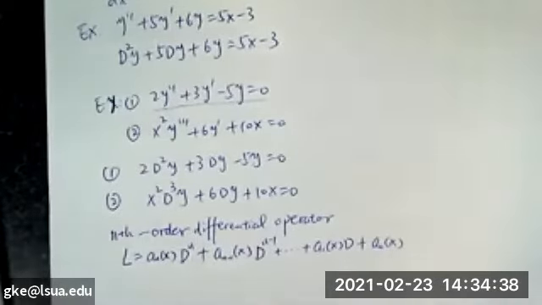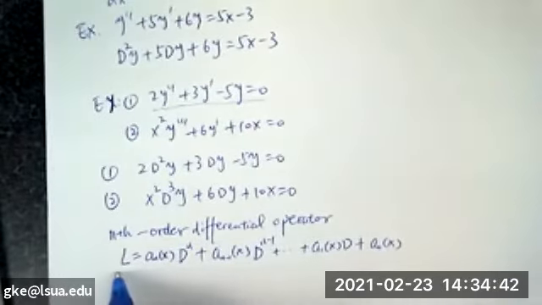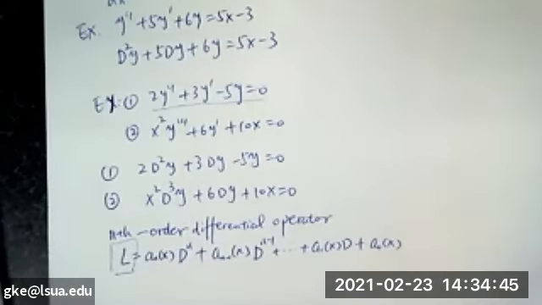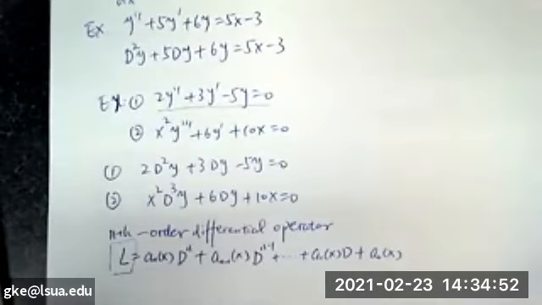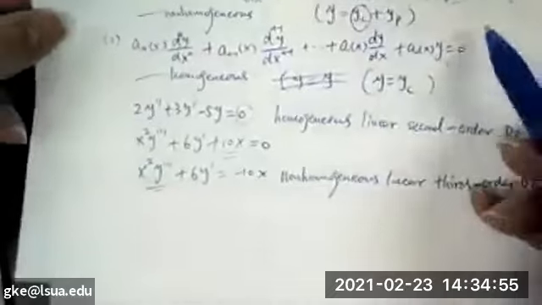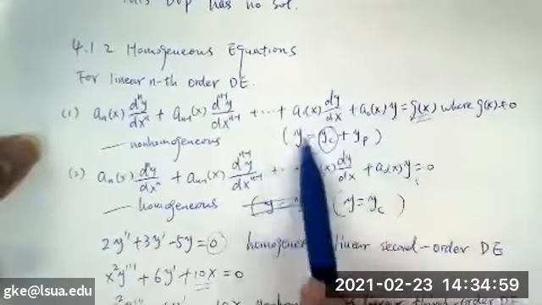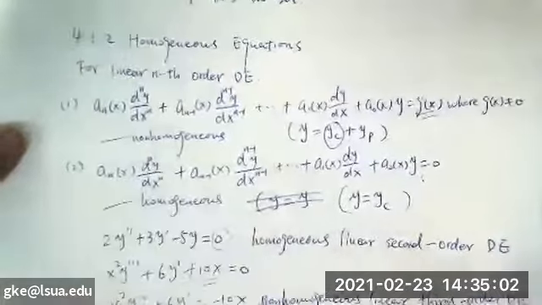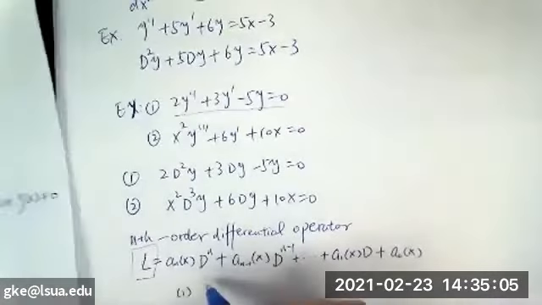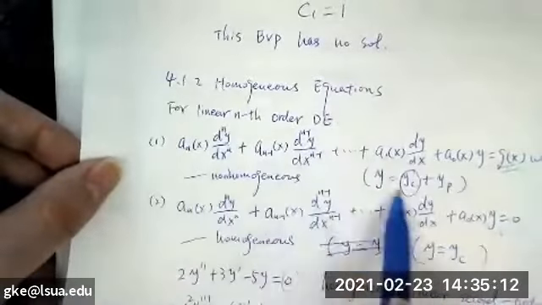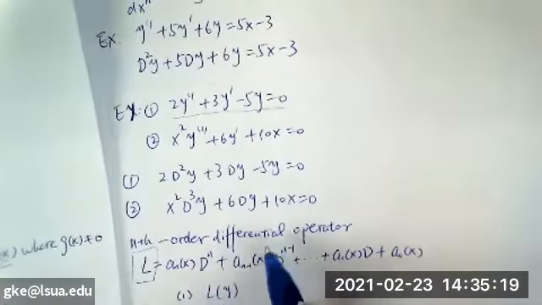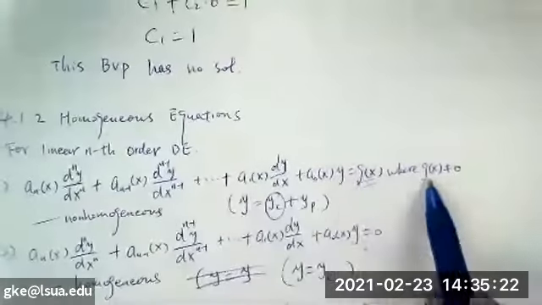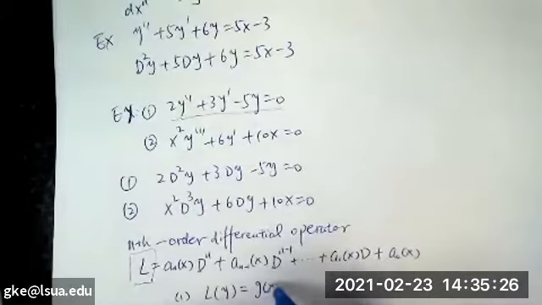Okay, for the nth differential operator, we can write it as L. So for the case of the non-homogeneous equation, equation 1, we can write it this way: Ly equals Gx.